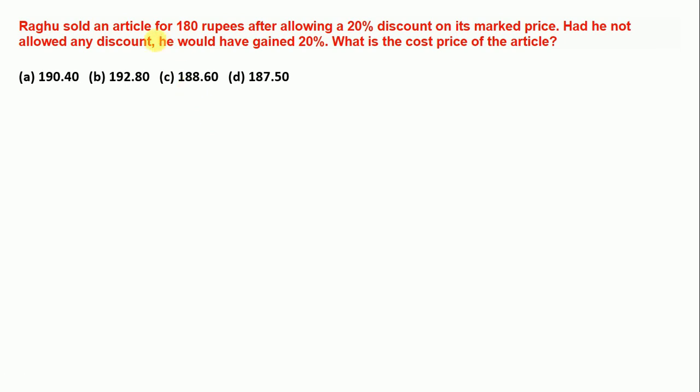So he has sold at 80% of the market price, and the value is equal to 180. So the market price will be equal to 180 divided by 80 into 100. So this will be equal to 225.